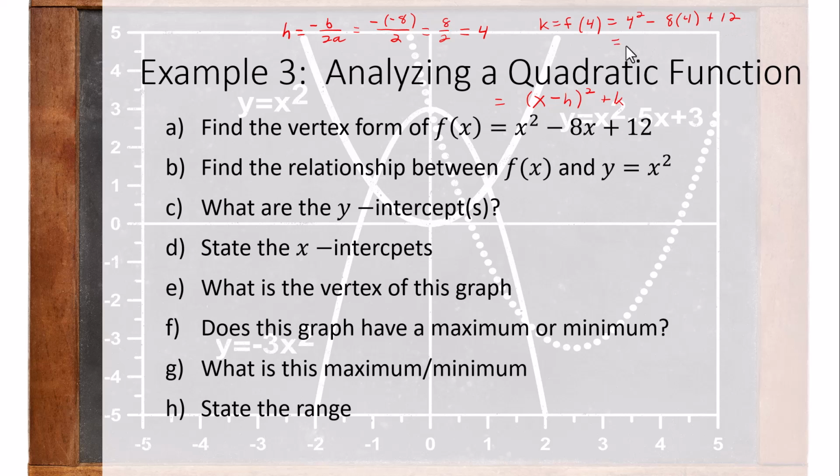That is 16 minus 32 plus 12, which is equal to negative 16 plus 12, and that gives us negative 4. So we have that k is equal to negative 4, and h is equal to 4. That means we can rewrite the vertex form as x minus 4, the entire thing squared, minus 4.